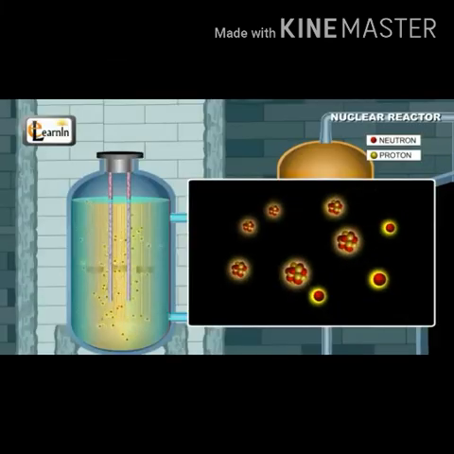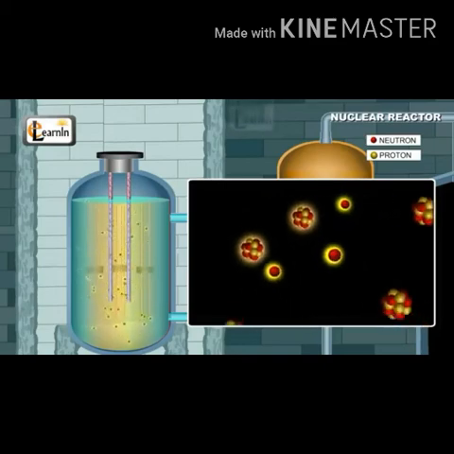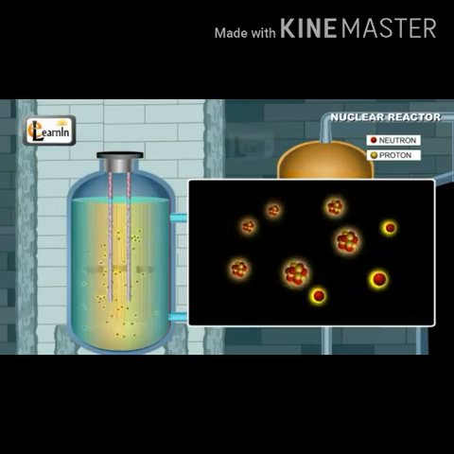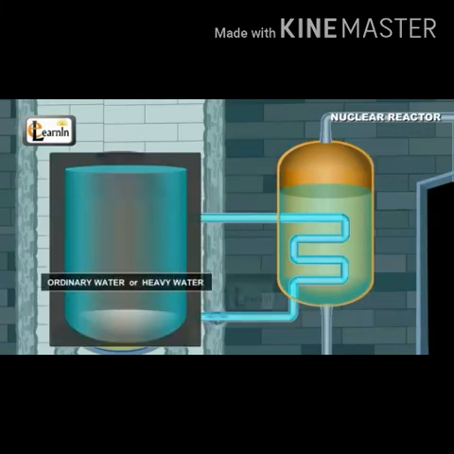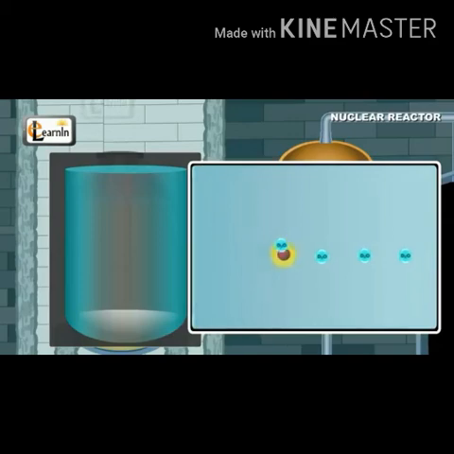To control the chain reaction in the nuclear reactor, it is necessary to decrease the speed and the number of neutrons. For this purpose, the following provisions are made in a nuclear reactor. Number 1, moderator: graphite or heavy water is used as moderator for reducing the speed of neutrons.